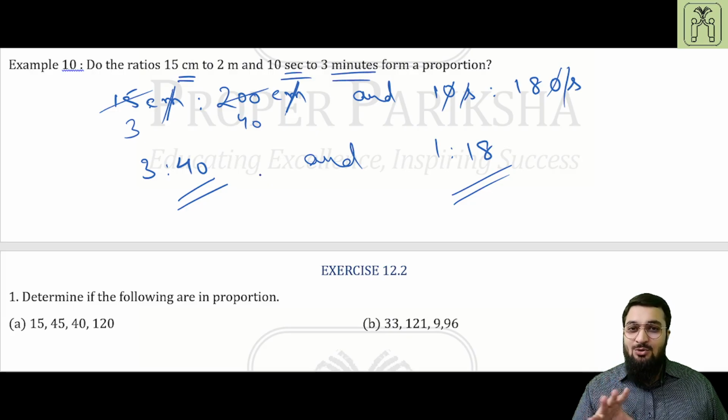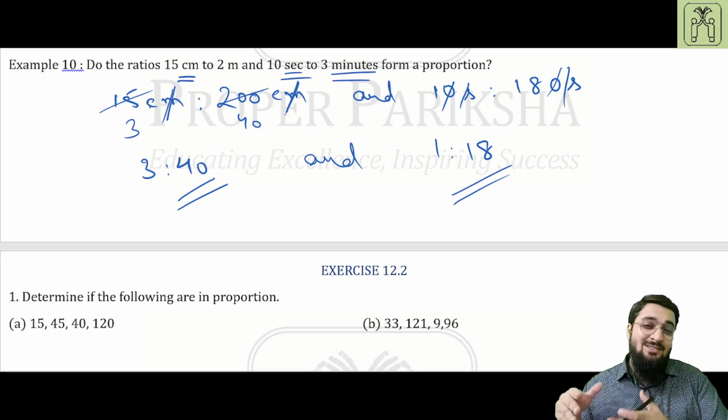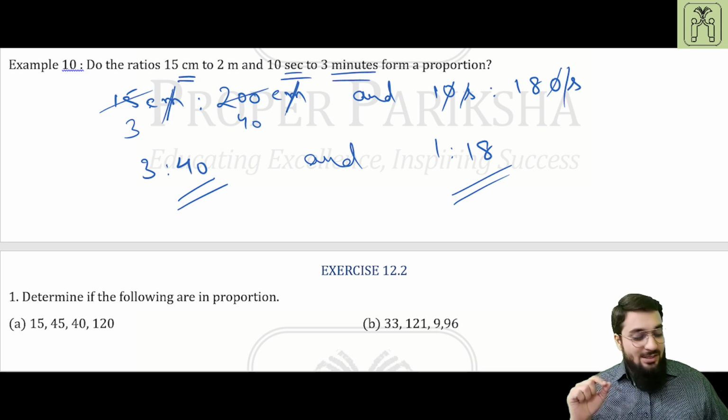But for now, google it out, or look into the NCERT book, whether two different types of units can be in proportion. For example, if this was not 1 is to 18 but 3 is to 40 only, would we say that it is in proportion, or we can't say so? Let us find it out.